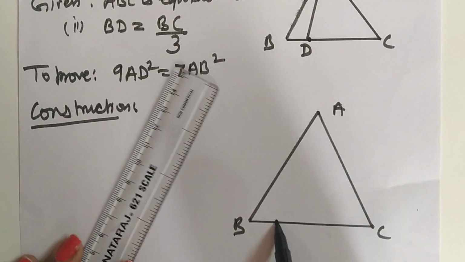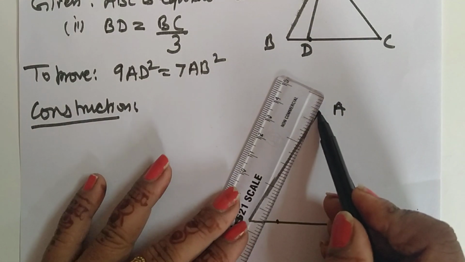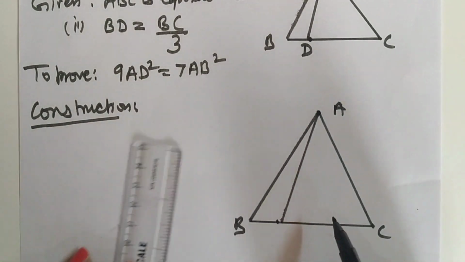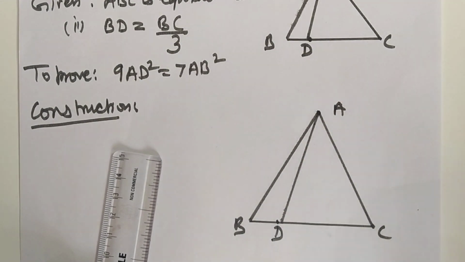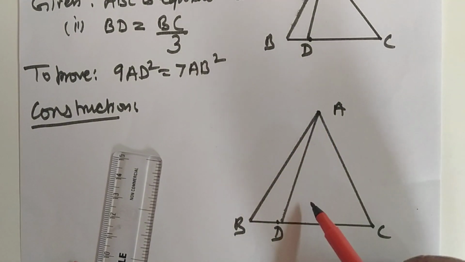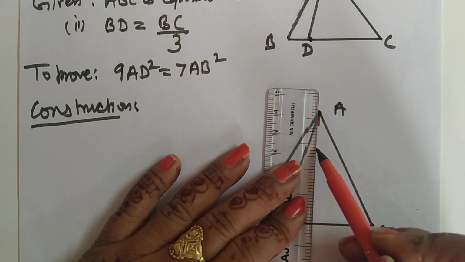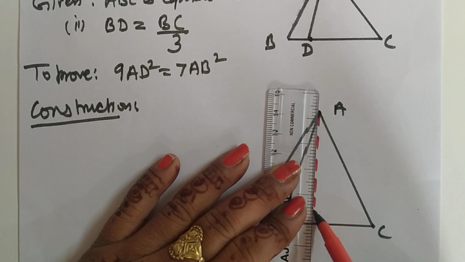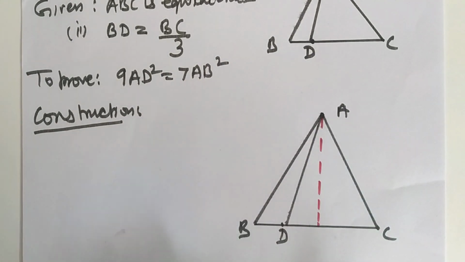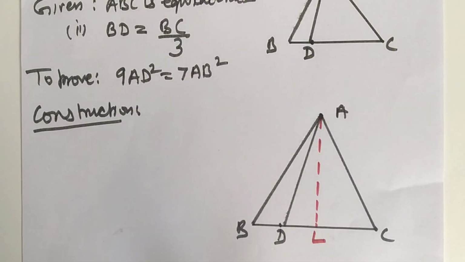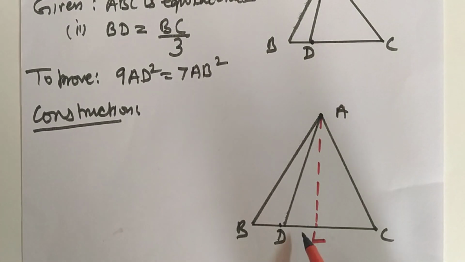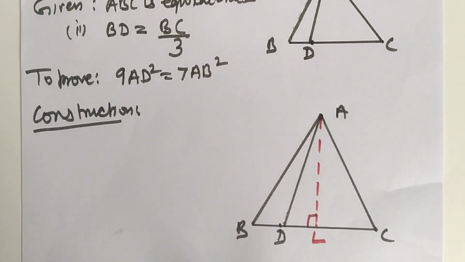ABC, and this is the point D that is given to us. So what is the construction? We have to draw a perpendicular from A. While doing construction, we draw it with a dotted line. So this is L, and this is the perpendicular.